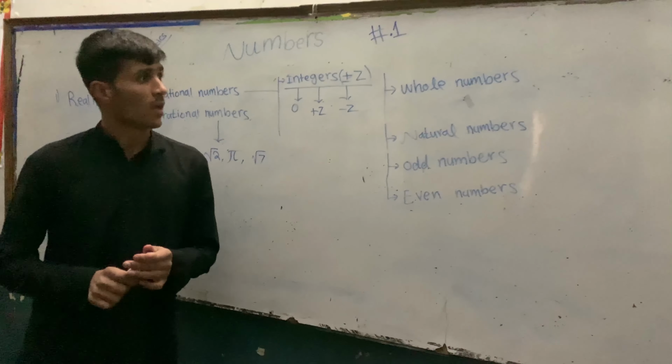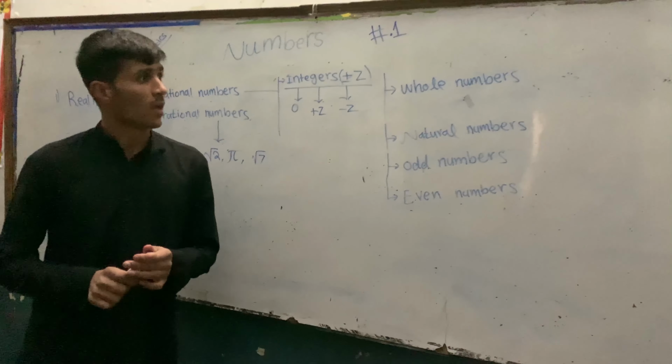First, look at rational numbers. Rational numbers are those numbers which can be written in the form of P over Q. Whenever you see a number in the form of P over Q, that number is called a rational number.